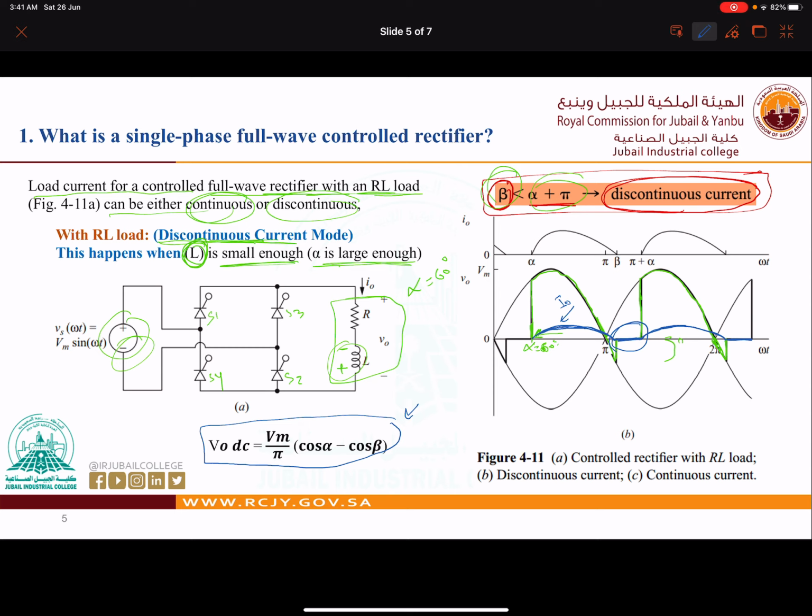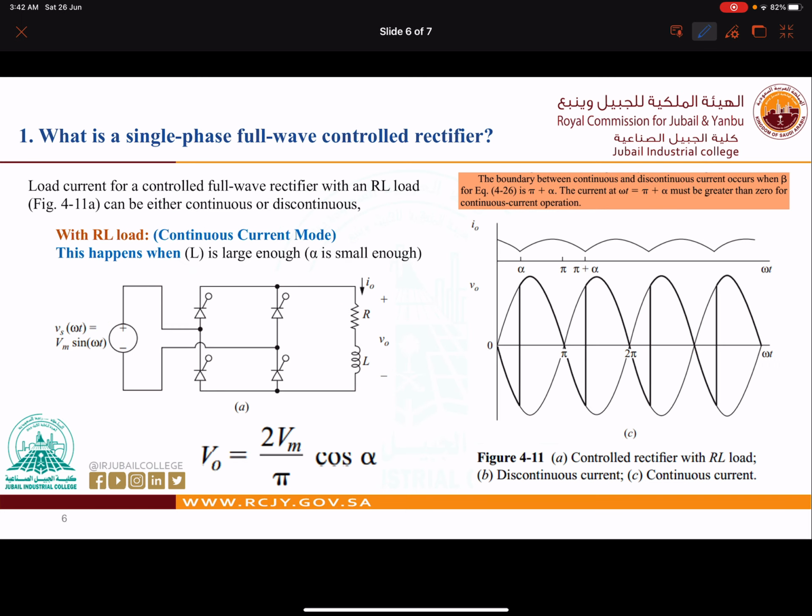Okay, now make sure that you understand, Shabab, when L is small enough and alpha is large enough, and I explained that. Now this is for the continuous current mode.